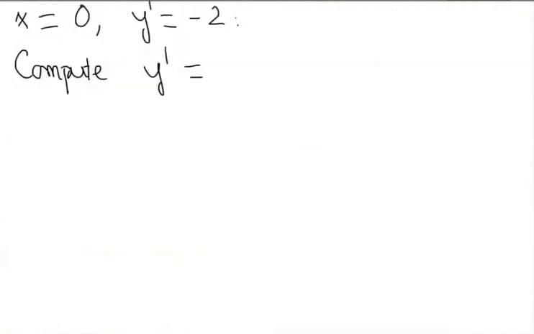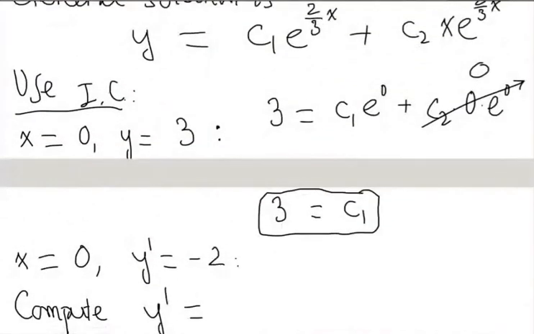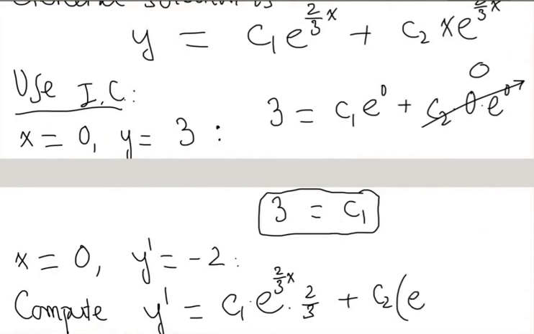By the chain rule and then the product rule, we will have c1 e to the 2/3 x times 2/3 plus c2 times, by the product rule, 1 times e to the 2/3 x plus x e to the 2/3 x times 2/3.